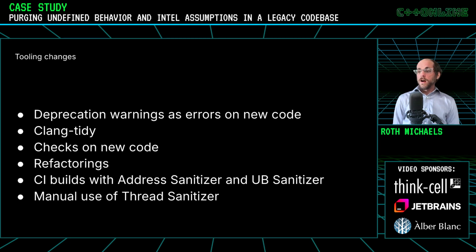And then slowly rolling out CI builds that are running address sanitizer and undefined behavior sanitizer and manual use of thread sanitizer, because most of our test coverage until very recently that we were using sanitizers was single threaded unit tests. And so we were manually running thread sanitizer against products.